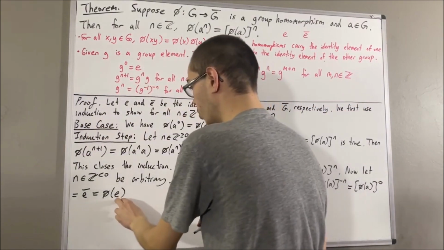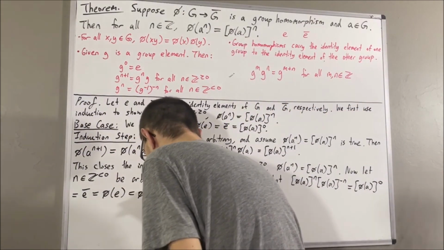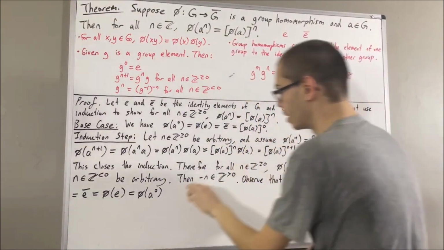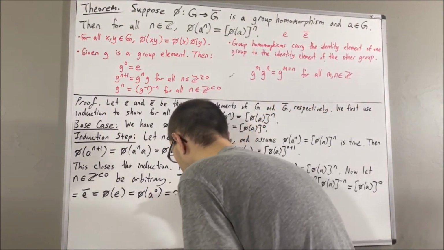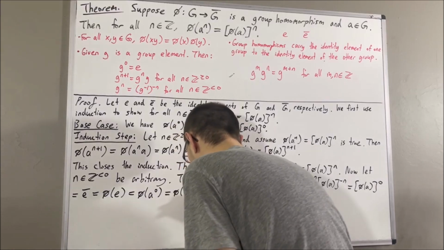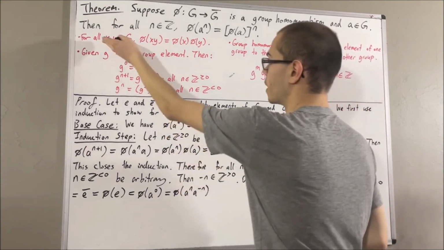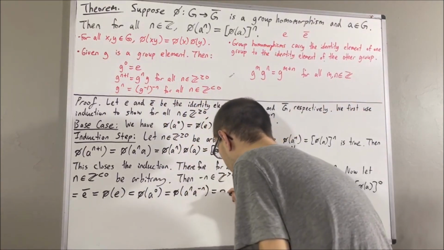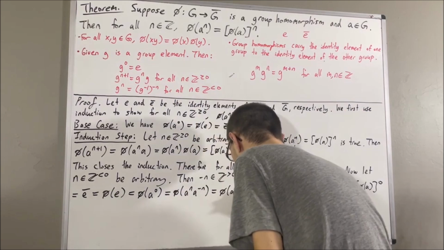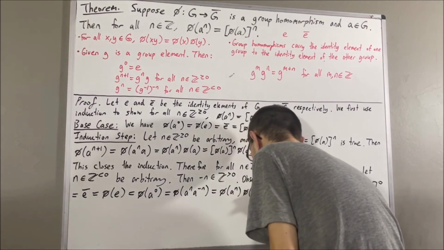But remember, phi of e is equal to e bar. And we know e is equal to a to the power of 0. And according to this property, a to the power of 0 can be expressed as a to the power of n times a to the power of negative n. And then, applying the definition of a group homomorphism, we can split this up into phi of a to the power of n times phi of a to the power of negative n.